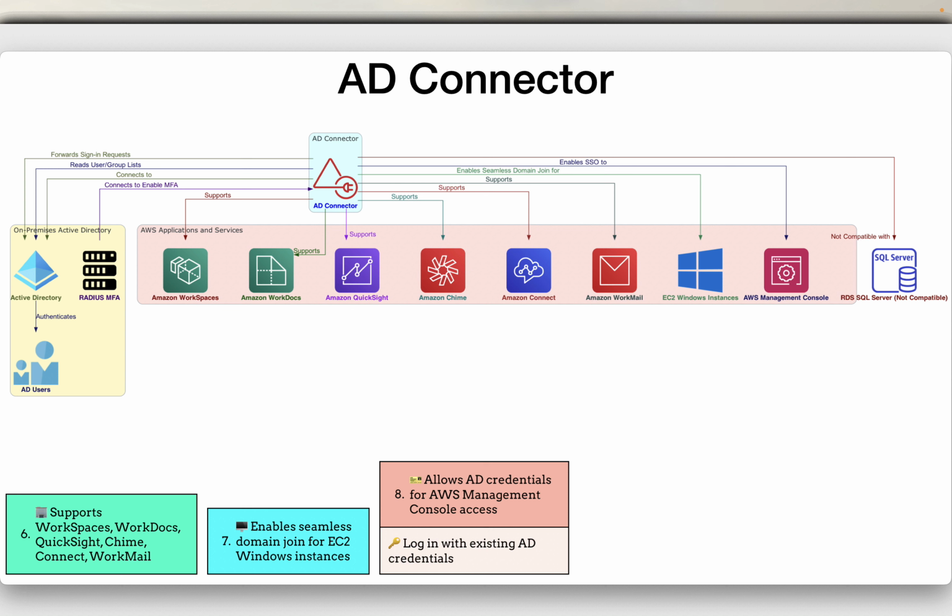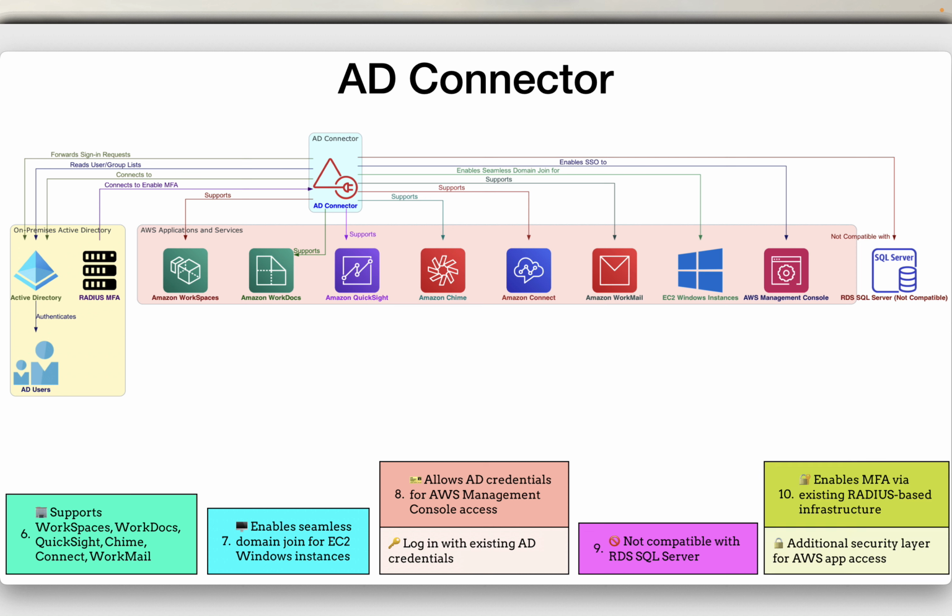AD connector also allows your users to access the AWS Management Console and manage AWS resources by logging in with their existing Active Directory credentials. AD connector is not compatible with RDS SQL Server, so this is one incompatibility.